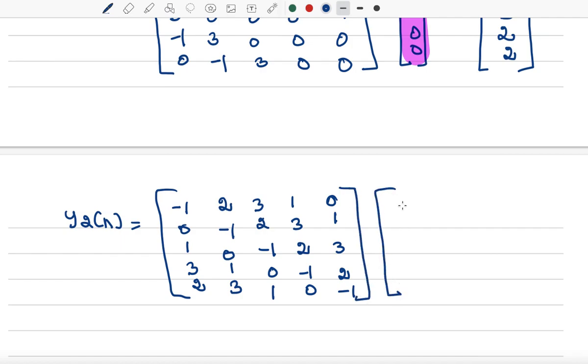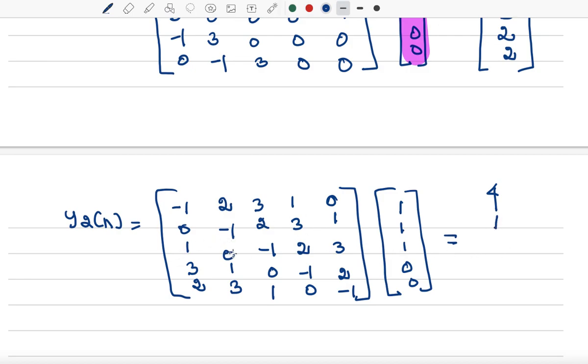Multiplying with the same impulse response, 1, 1, 1, 0, 0. Multiplying this, minus 1 plus 2 plus 3, that is 4. The first value will be 4. Similarly, 0 minus 1 plus 2, 0, 0, that is 1.